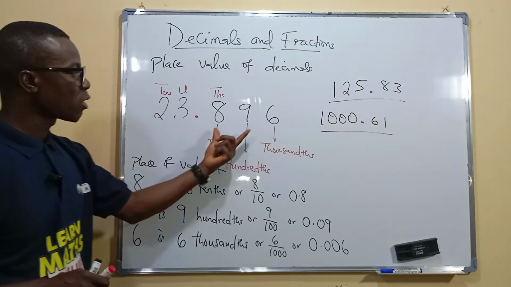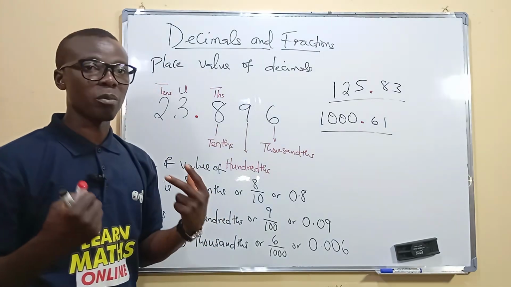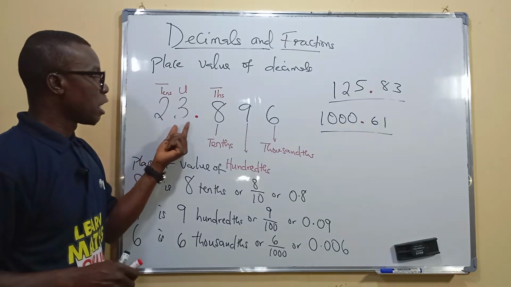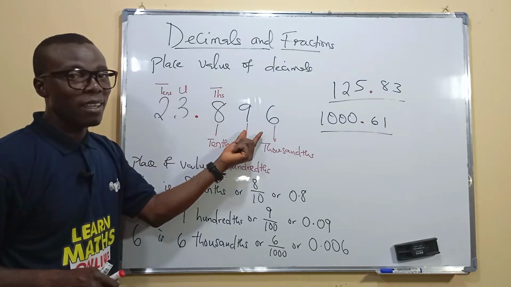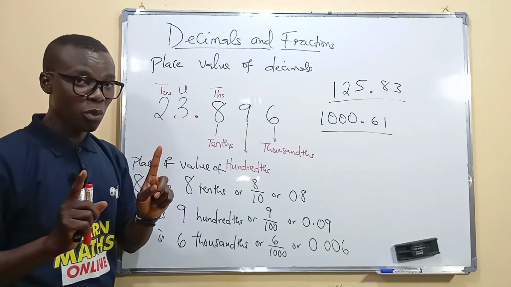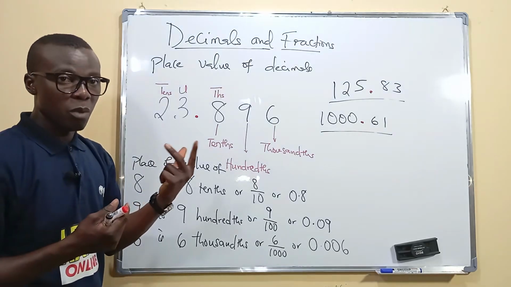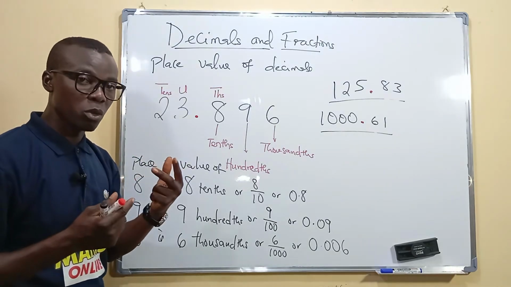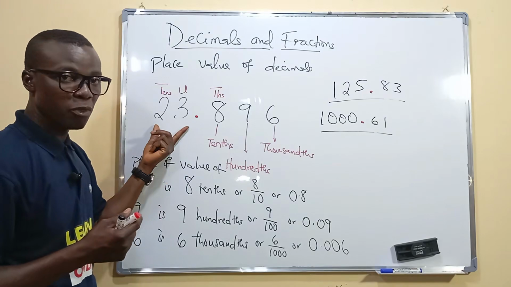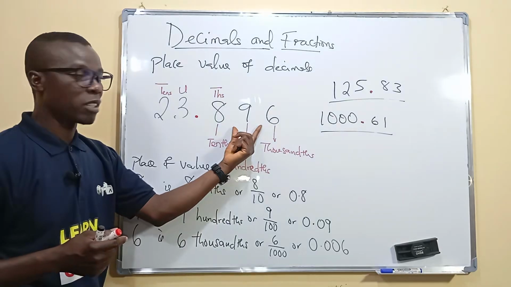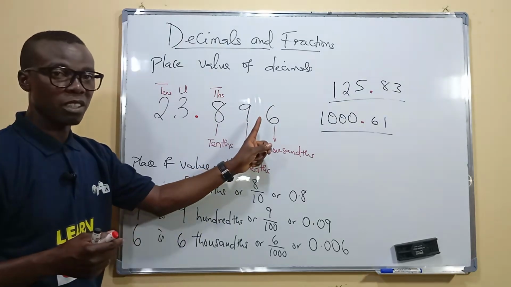So when we are calling out the numbers in words, we don't say 23.896 as a whole number. That will be wrong. Now, the way we pronounce whole numbers still remains the same for the whole number part. But when we come to the decimal fraction part, we call out each of the digits.